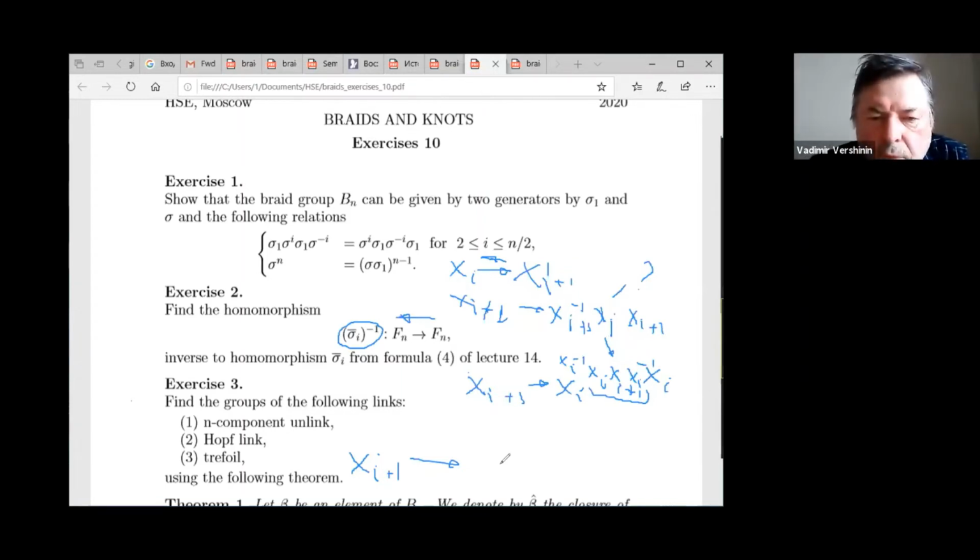The image of x_i should be x_{i+1} x_i x_{i-1}.